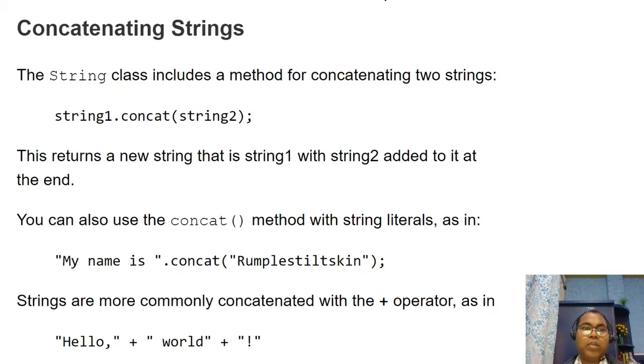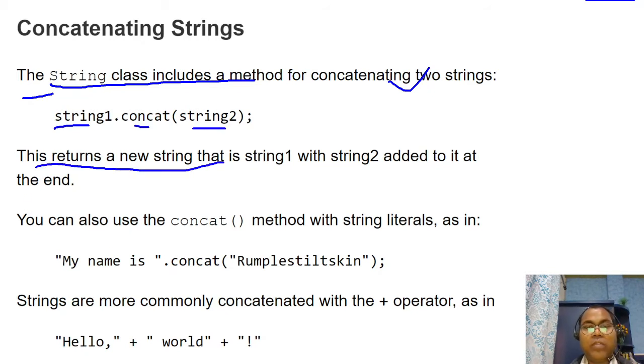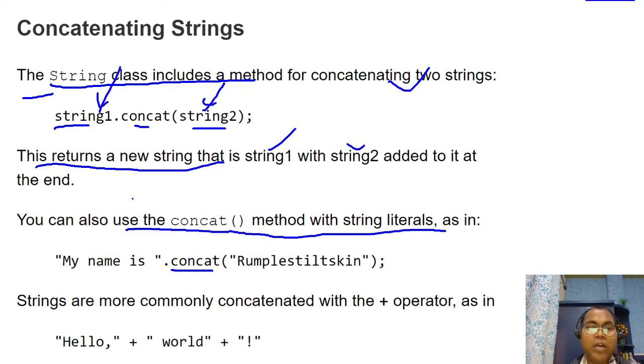As I discussed, the string class includes the concat method to concatenate strings. If we have string 1, you can concat string 2. This returns a new string object, which is string 1 with string 2 added. The concat method takes two string literals, literal 1 and literal 2, and you can append them.